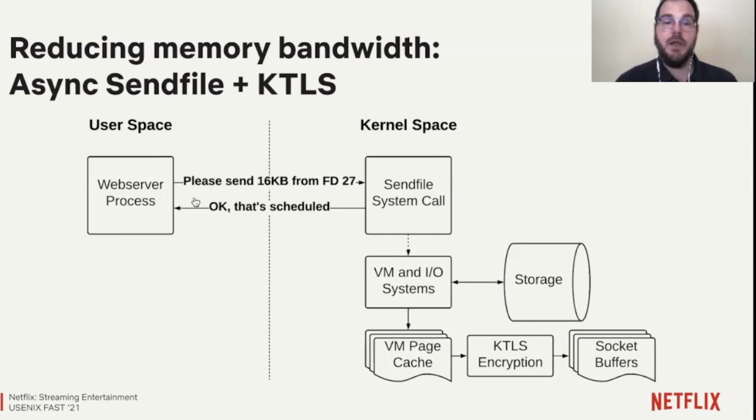And so this adds a round trip over the memory bus, and it also requires extra memory to store the encrypted data. However, this is still much more efficient than copying the data to user space, encrypting it, and then copying it back to the kernel network buffers.